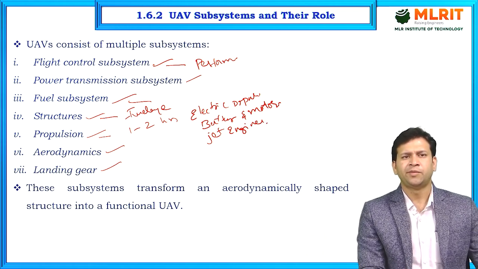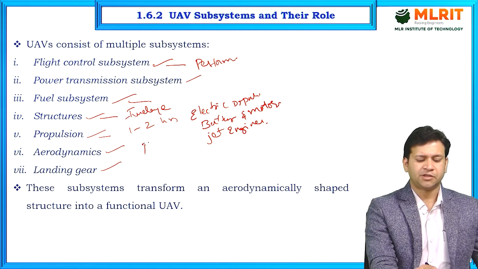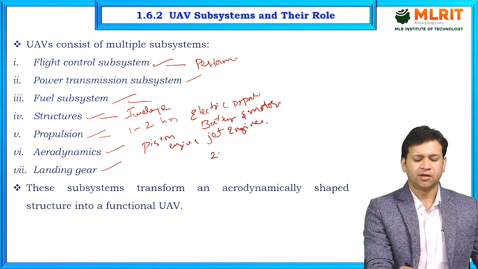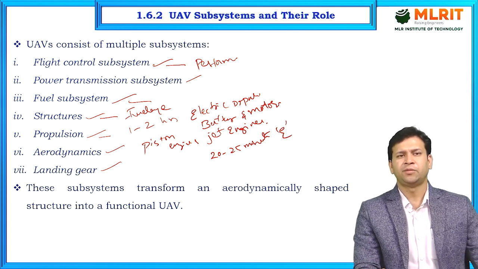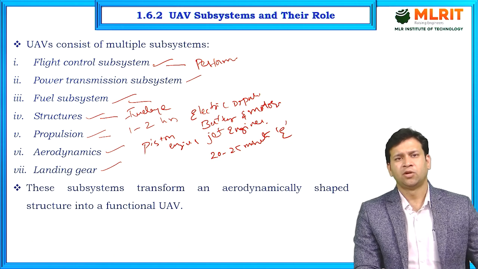Nowadays for hobbies, many people are using even piston engines for 20 to 25 minutes of endurance period. For the endurance period of 20 to 25 minutes, many people are using even small piston engines.